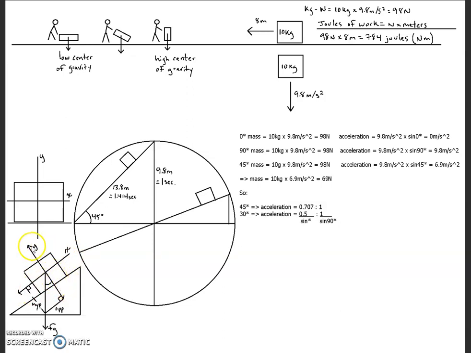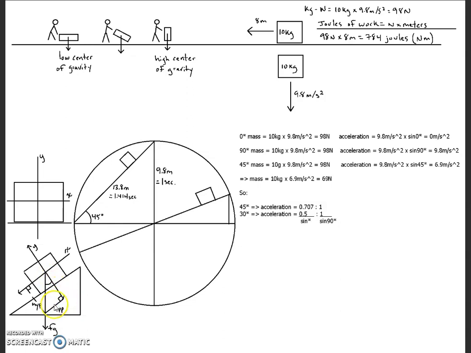We have our natural force, and in this direction the force of acceleration. But what we want to notice here is this becomes the hypotenuse, which is the force of gravity, because the force of gravity is still pulling straight down. So what we have now is the separation between the force of gravity and the actual angle that the load is sitting at.